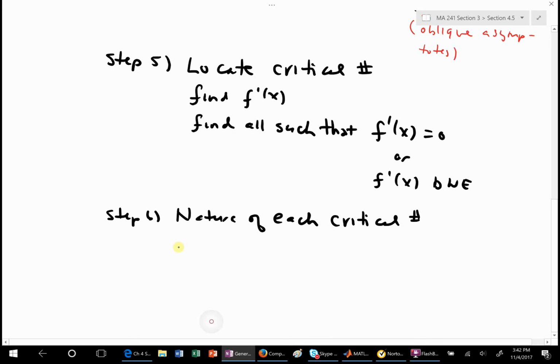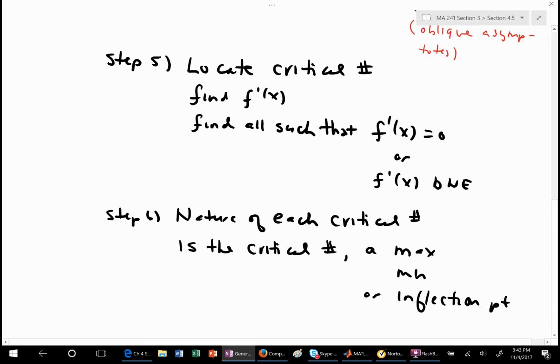In other words, I want to know for each critical number, is it a local max, a local min, or an inflection point. Okay?